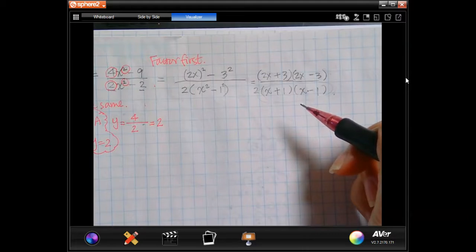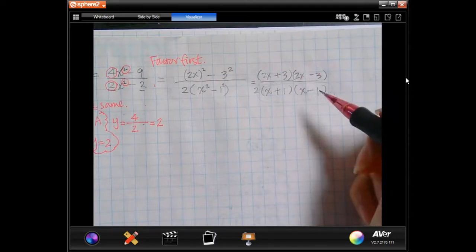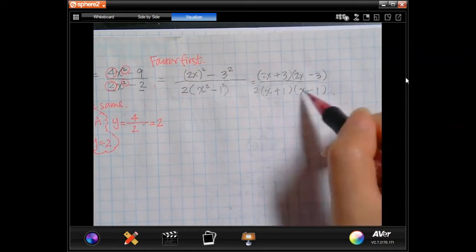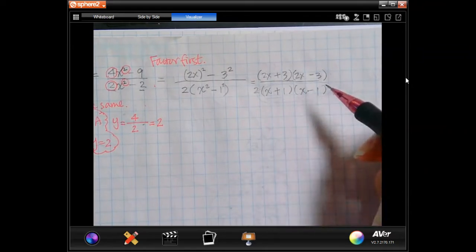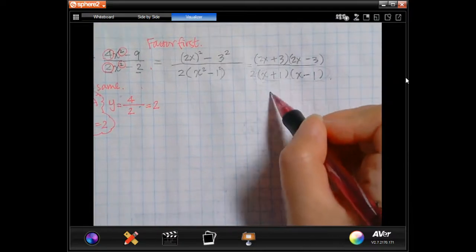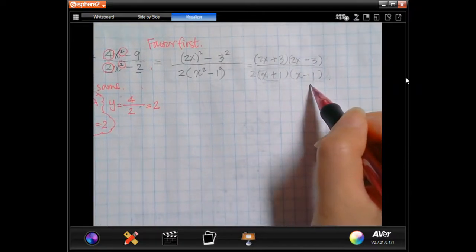Remember at the end of the simplification of the previous example, I only had one surviving factor, so I had one vertical asymptote. It was at positive 2. But here, no cancellation, I end up having 2 factors on the bottom. Then I will have what? 2 vertical asymptotes. Where? At negative 1 and positive 1.